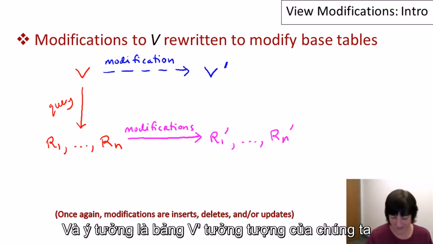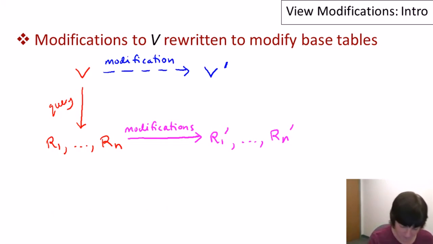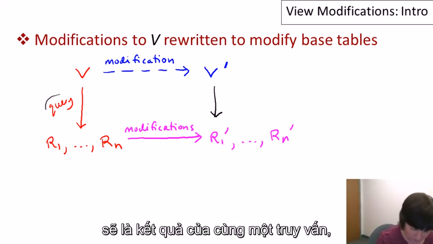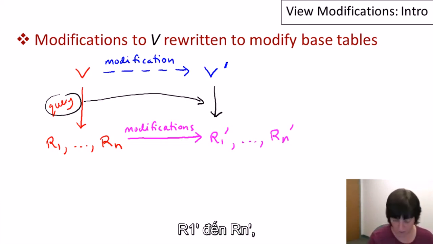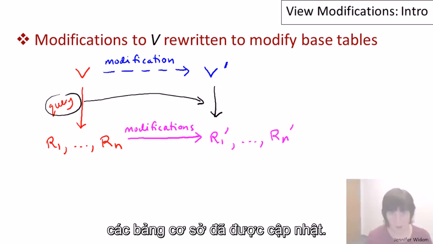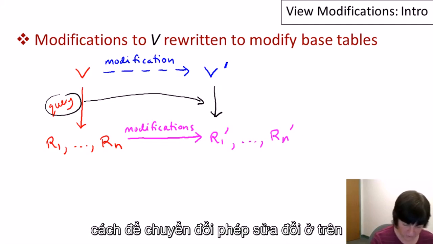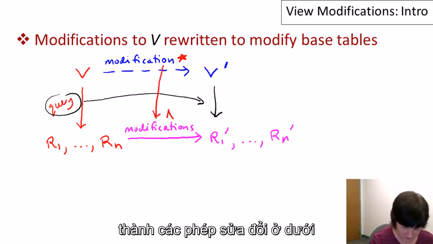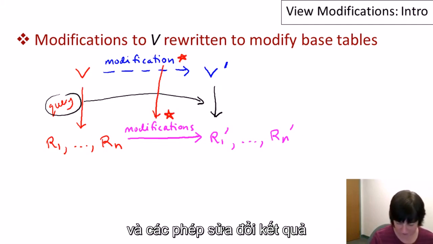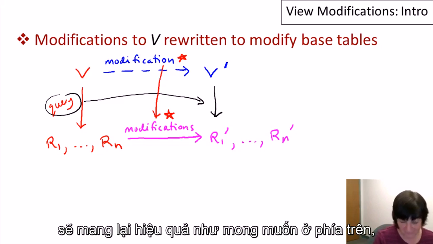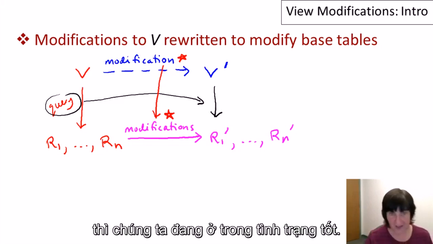And now the idea is that our imaginary V prime then is the result of this same query, V's definition, over the new R1 prime through Rn prime, the updated base tables. So if we can always figure out how to translate this modification up here into the modifications down here so that this square diagram holds, so that the resulting modifications here give us the effect we wanted upstairs, then we're in good shape.